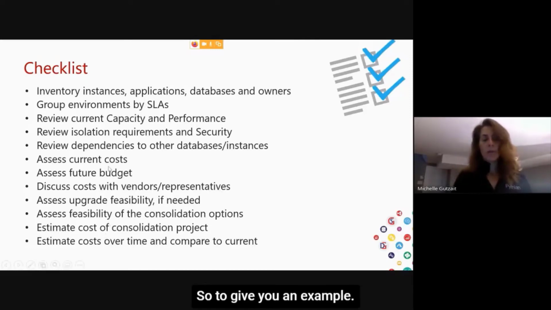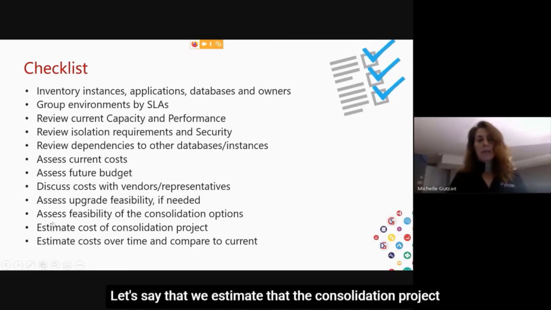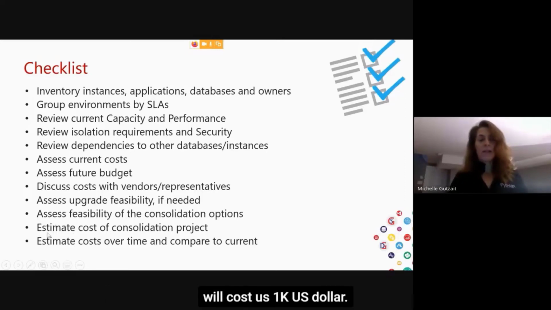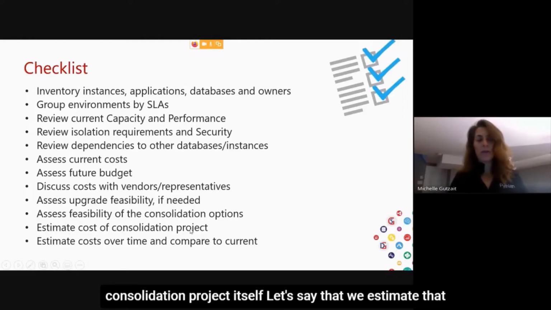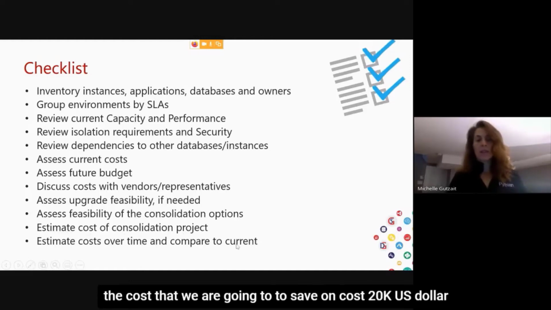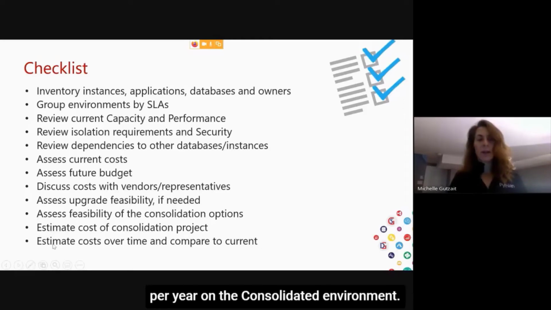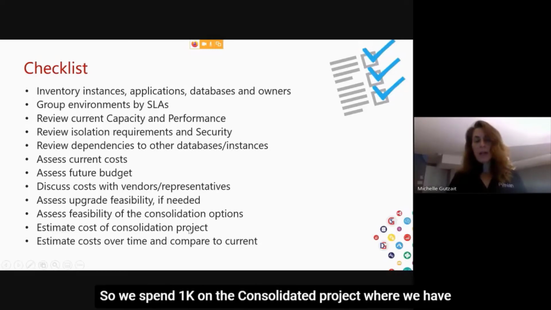So to give you an example, let's say that we estimate that the consolidation project will cost us $1,000 US, just the consolidation project itself. Let's say that we estimate that we're going to save $20,000 US per year on the consolidated environment. That means that in 5 years, okay, so we spend $1,000 on the consolidation project, where we have $20,000 less per year that we have to pay on the consolidated environment.